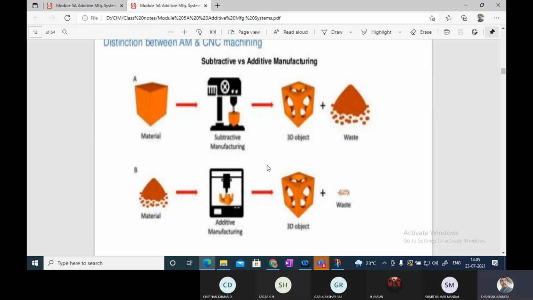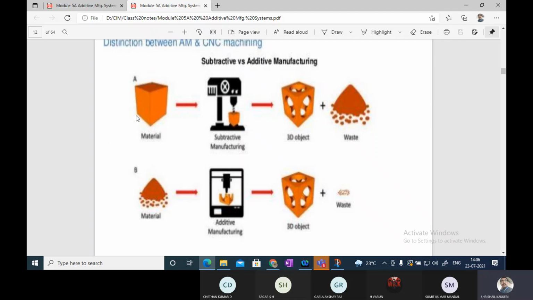Are these subtractive or additive? What is the meaning of subtractive? We are going to remove the material. You can see the subtractive versus additive manufacturing; they are reversing cases of one another.